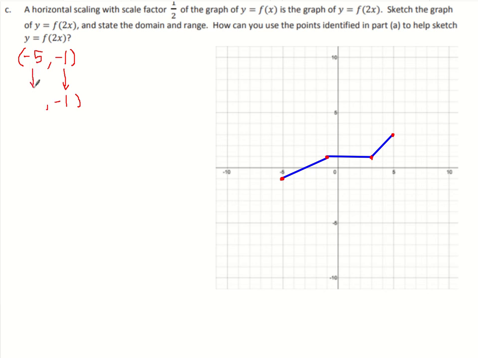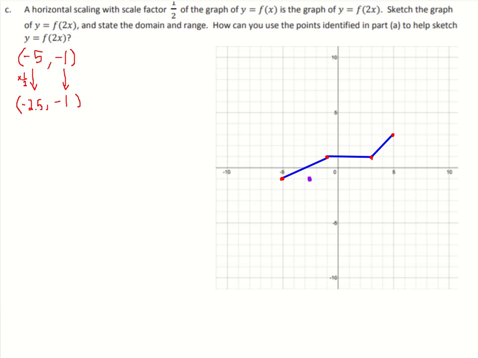My x, I'm going to either multiply it by 1/2 or divide it by 2, because both of those are the exact same thing. We're going to multiply it by our scale factor of 1/2. So -5 times 1/2 is going to be -2.5. So let's go to our graph and plot the point -2.5, -1. So there's our first point right there.